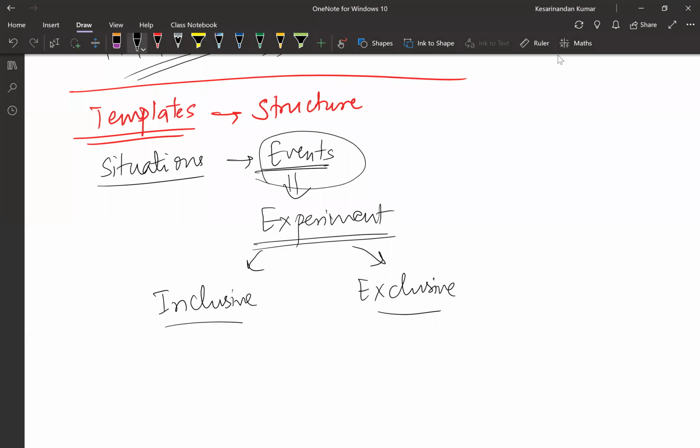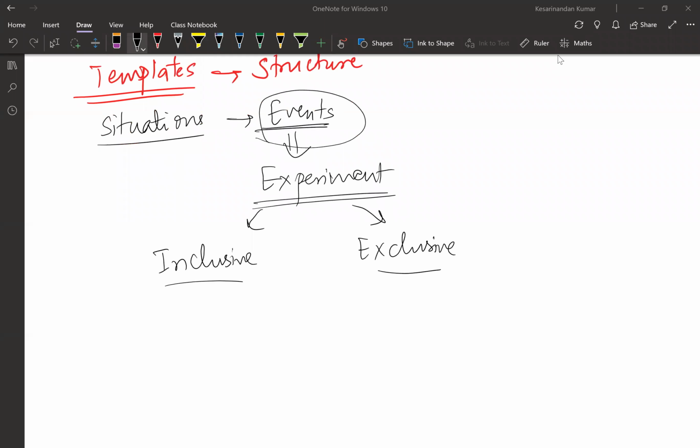How inclusive or exclusive? Let me give you an example. I have a dice and I have a coin. Now I toss the dice and the coin. Here comes 6, here comes heads, here comes 5, here comes tails.